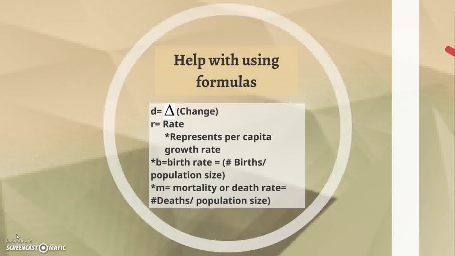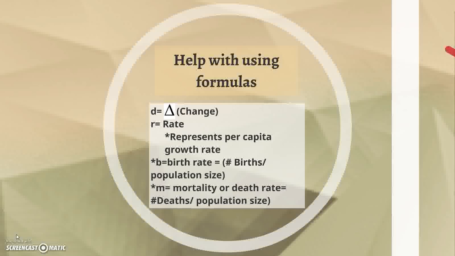In this case, this rate is also called the per capita growth rate. So you can look at the per capita birth rate and the per capita death rate. So it's essentially trying to look at, for every individual, how many new individuals are being born, and then same thing with death rate. For every individual, how many are dying.